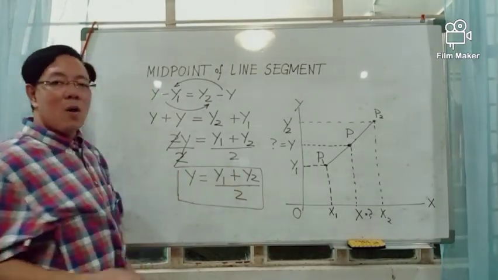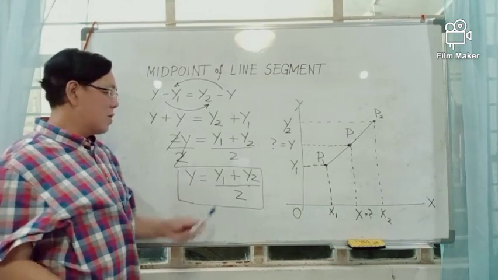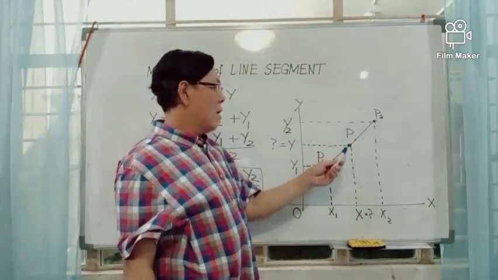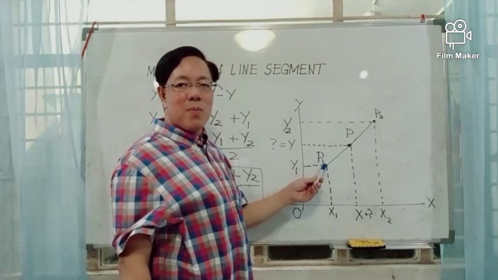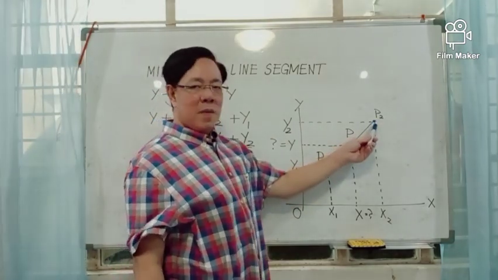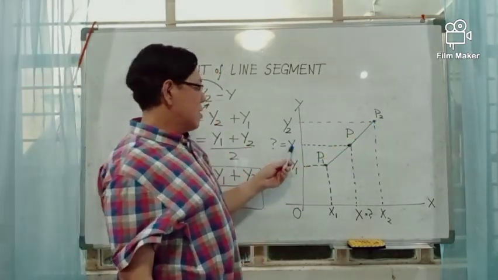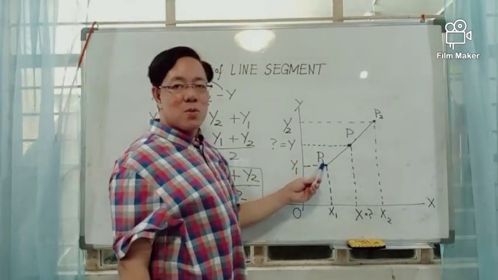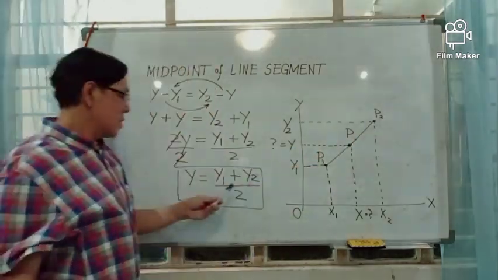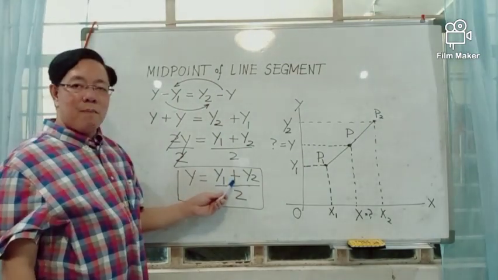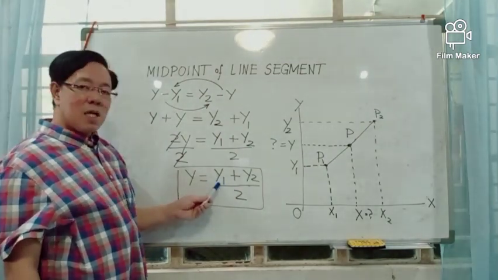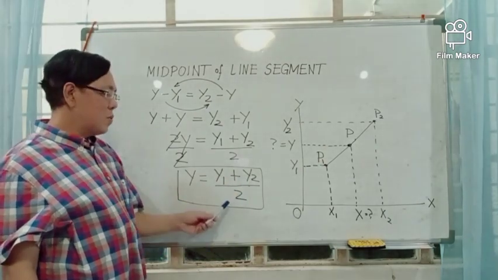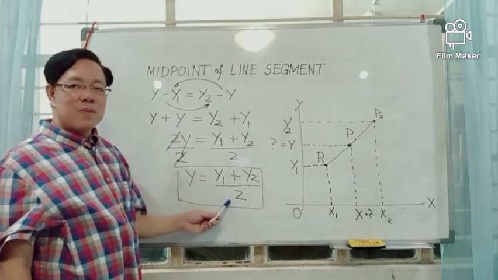This is the ordinate, the value of the ordinate y of the midpoint of the line segment through the points P1 and P2. The ordinate of the midpoint P of the line segment through P1 and P2 is equal to the sum of the ordinates of the points P1 and P2 divided by 2.